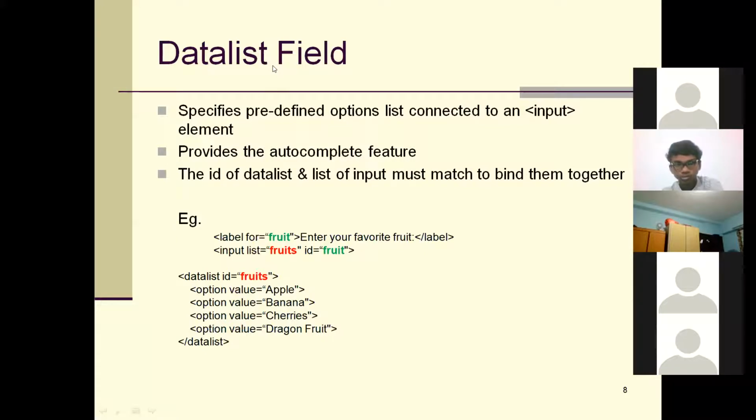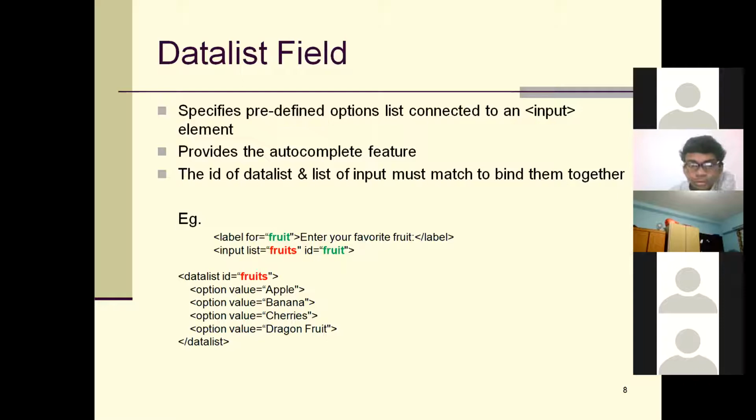So data list. Data list is also similar to the select box. Behavior wise, it is similar to the select drop down box. The difference is, you see in Google, when you type something, you'll get the auto complete feature, like it will suggest the searches already, right?